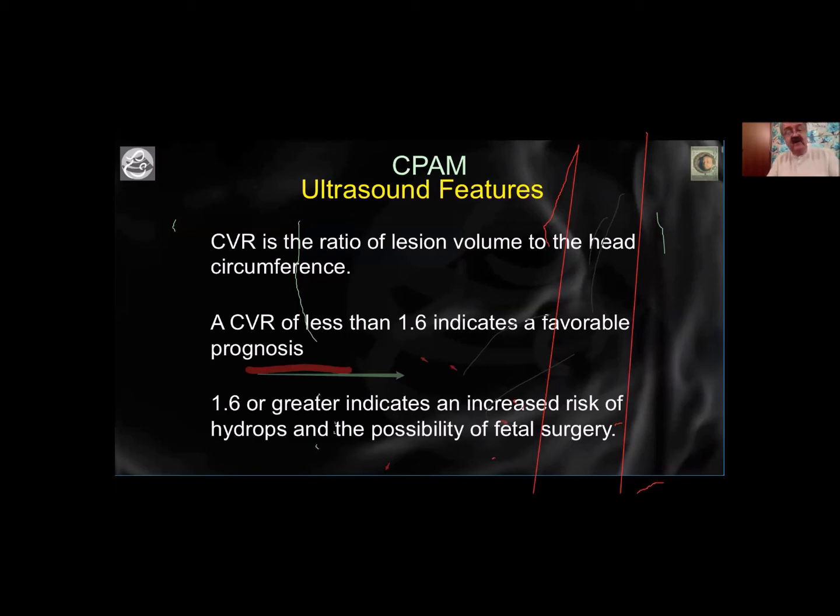And if you have a CVR which is more than 1.6, then you start thinking in terms of increased risk of hydrops, increased chance for either fetal or neonatal surgery. Fetal surgery we hardly do anymore in this condition, and so on. And therefore, warn them that they might need to get delivered in a tertiary center where all this care is available. That is very, very important.